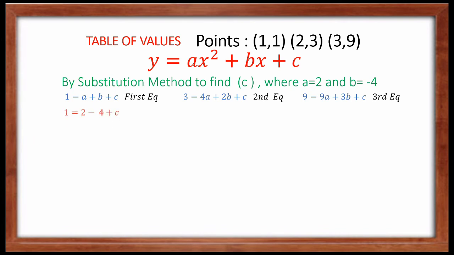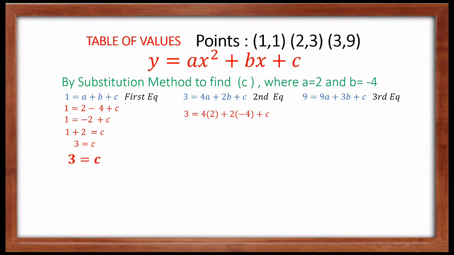Ipapakita ko lahat ang solution na kahit anong gamitin ay iisa lang ang magiging sagot. Pinili ko muna yung number 1 na kung saan sinubstitute natin ang value ng a, 2, value ng b, negative 4. Lumipat ng equal sign, nag-positive 2, 1 plus 2, 3. Therefore, the value of c is 3.